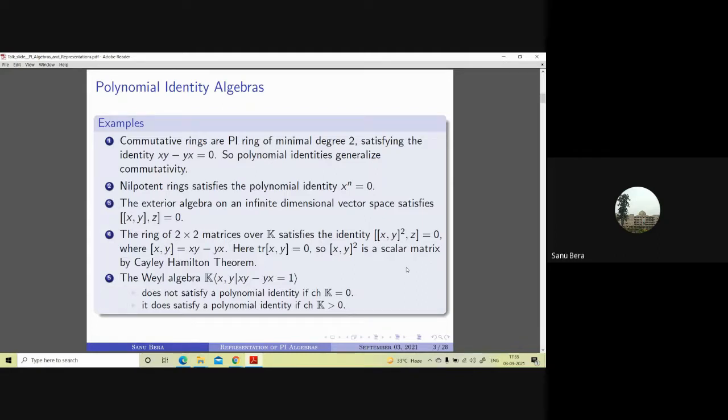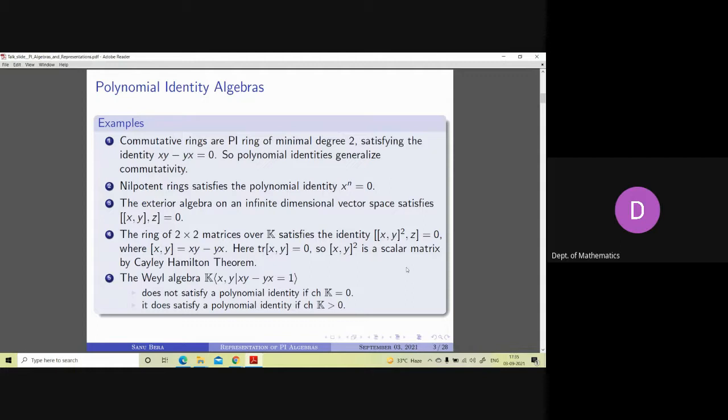It also satisfies an identity of that form. Here the bracket xy means the additive commutator of x and y, meaning xy minus yx. Next, the obvious non-trivial example, of course, is the 2 by 2 matrices over K. The ring of 2 by 2 matrices over K satisfies an identity like that, where bracket xy means the additive commutator.